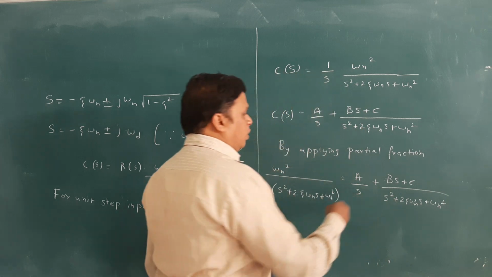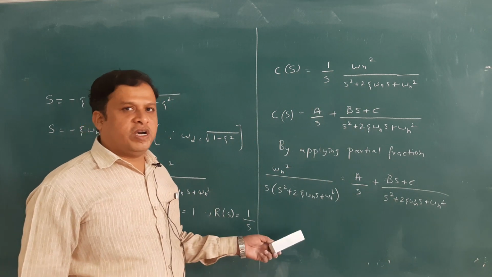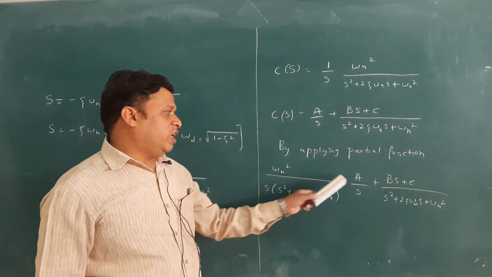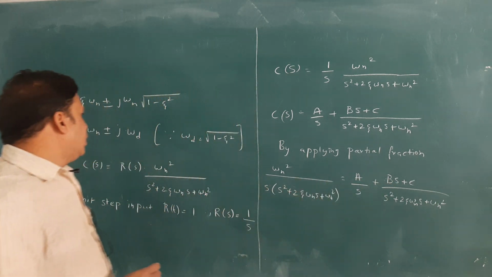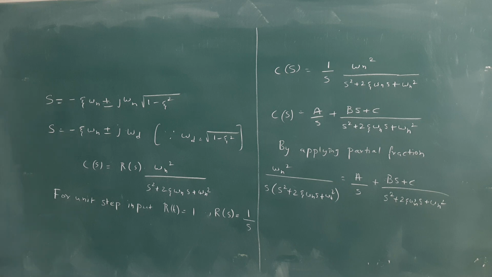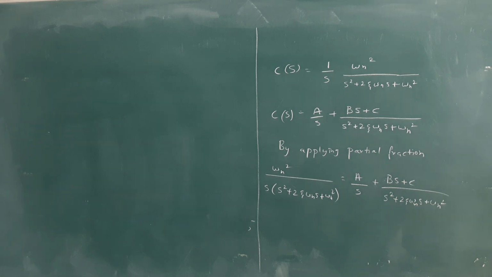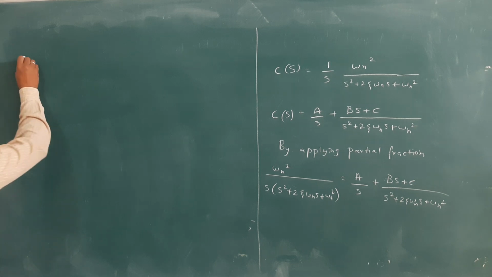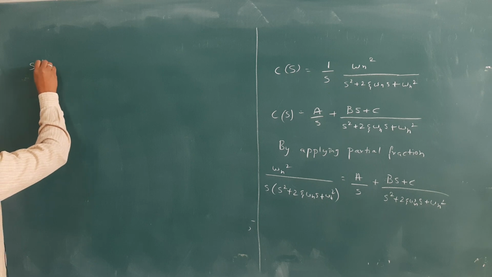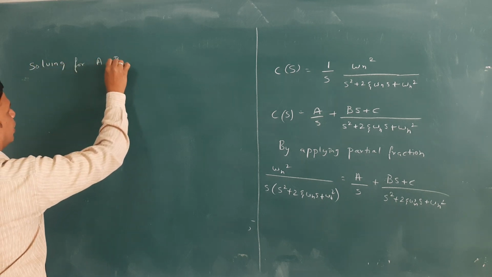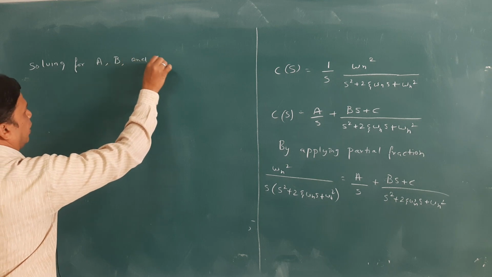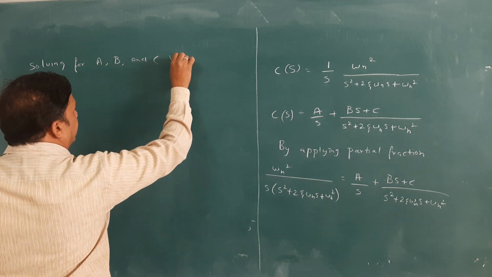As the denominator gets cancelled here, we have to find the values of A, B and C and rewrite the equation.